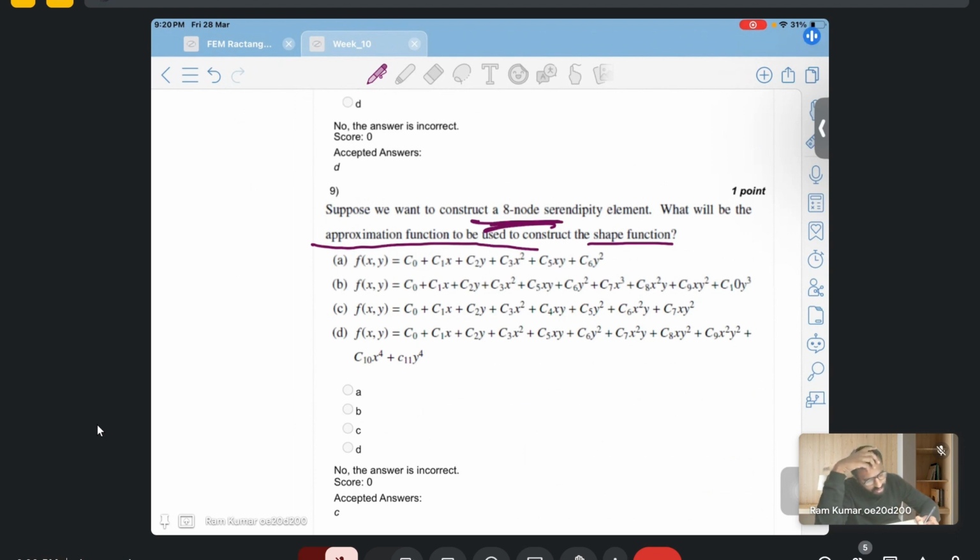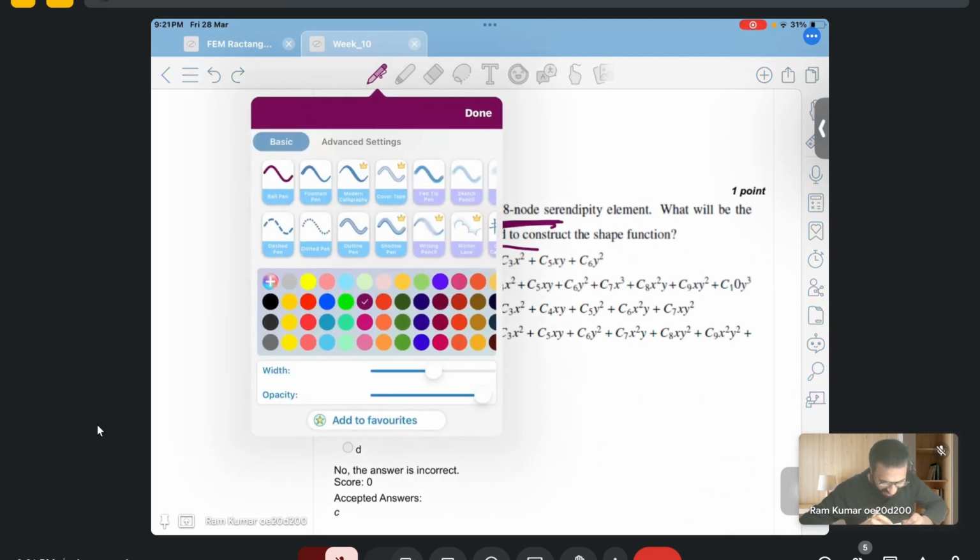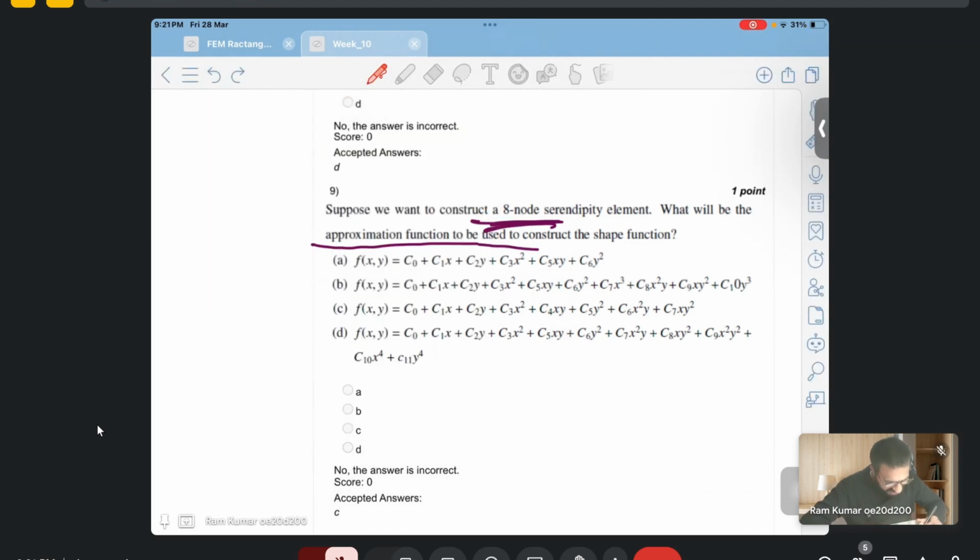In that case, I will get option C. Because in the first one I have 7 unknowns, C naught, C1 up to C6. This is also one way to get the answer, correct? That is why I'm discussing it with you. Why should we take unnecessary terms?